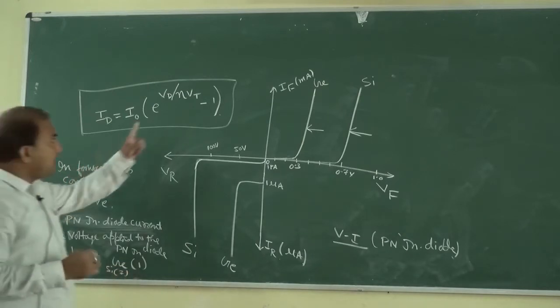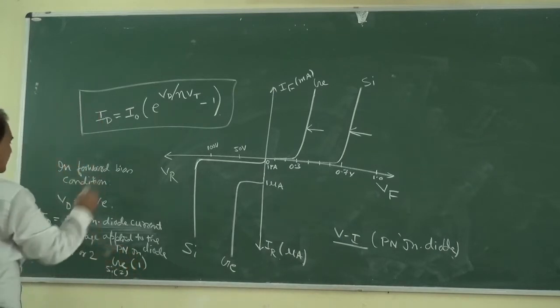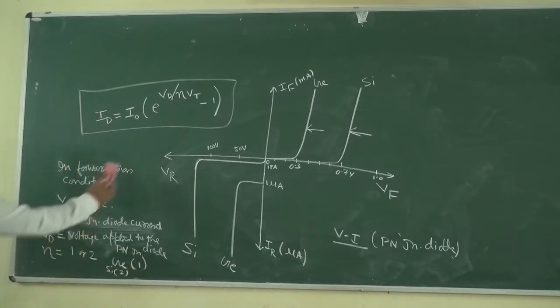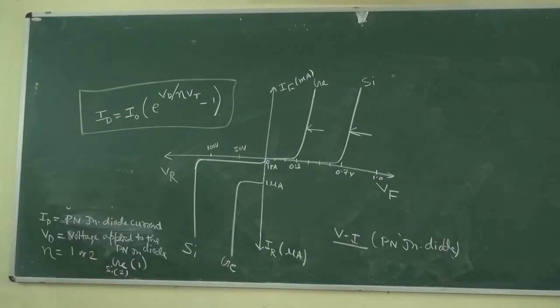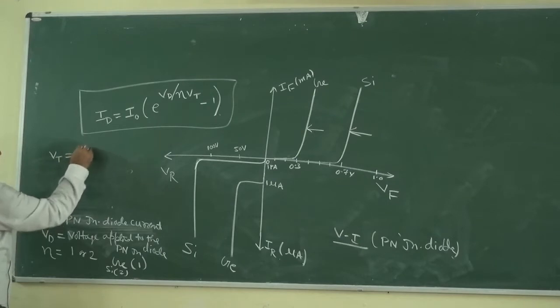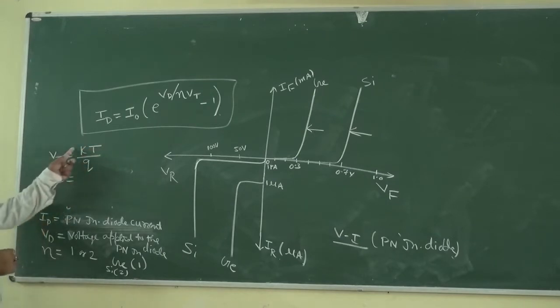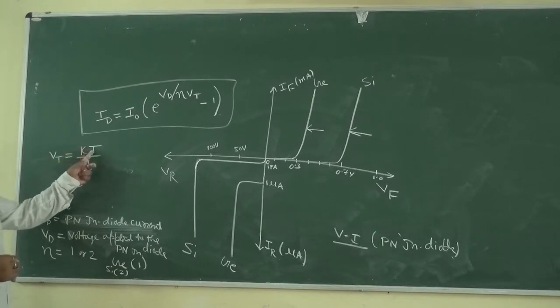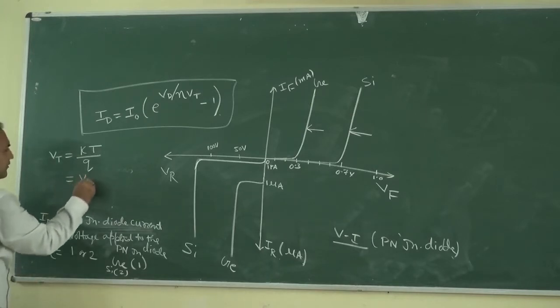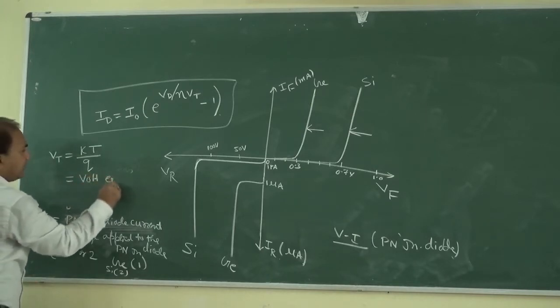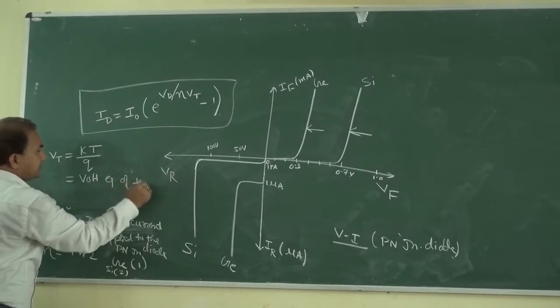Now, what is Vt? Vt is equal to KT by Q, where K is the Boltzmann constant, T is the temperature in Kelvin, and Q is the charge on the electron. Vt is the volt equivalent of temperature.